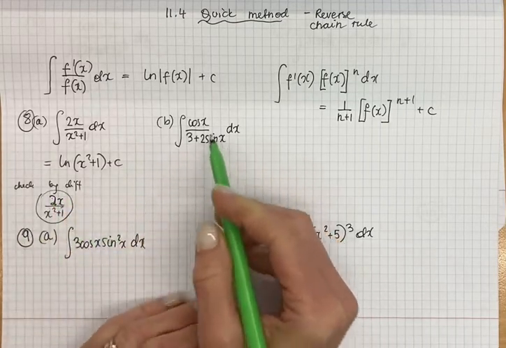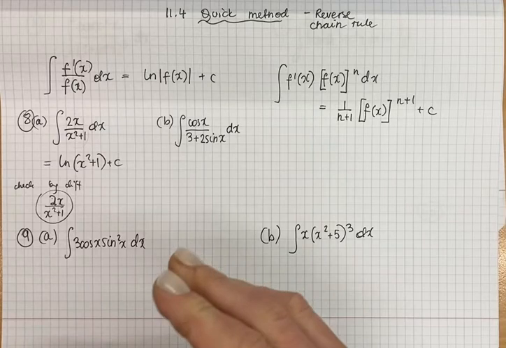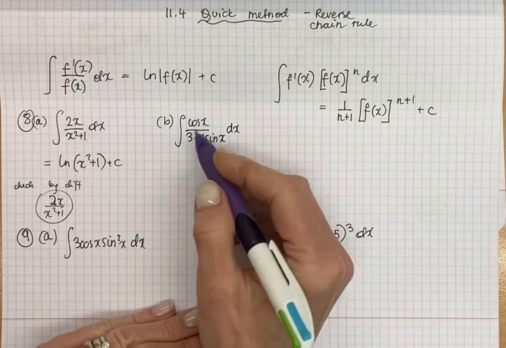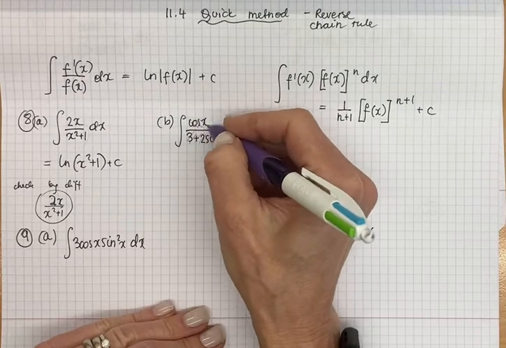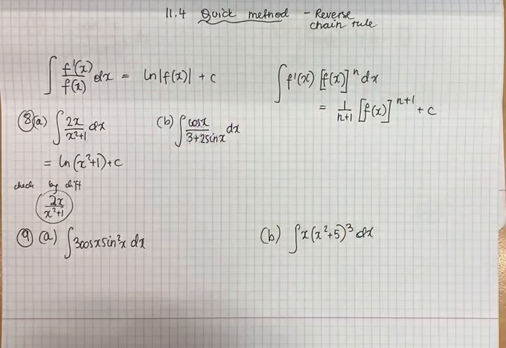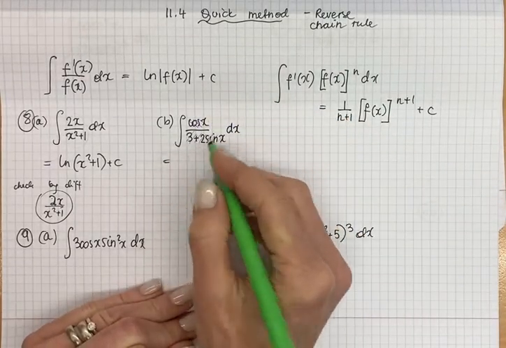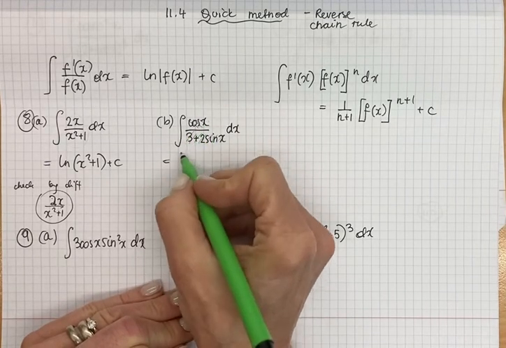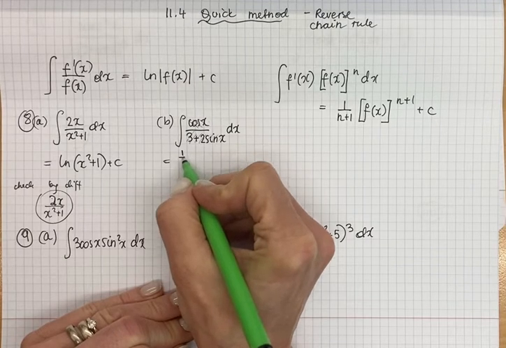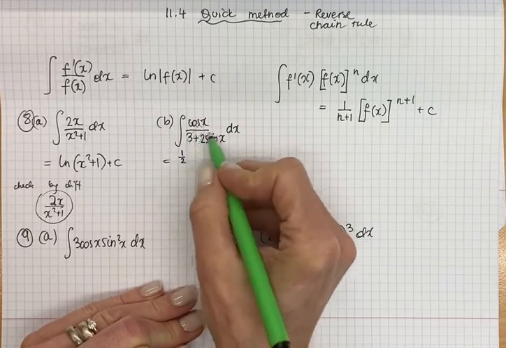Okay, now over here again you've got a fraction, so you think, is it ln? Have I got a function on the bottom of the fraction that differentiates to the top of the fraction? And you don't quite have it, because you have got the derivative but half of it. So really you could do with a 2 cos x here.